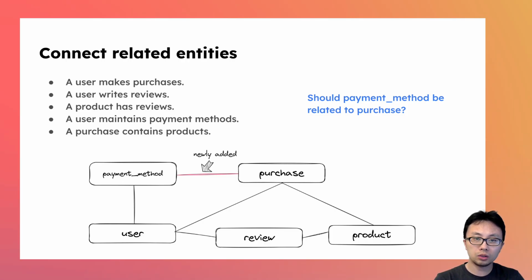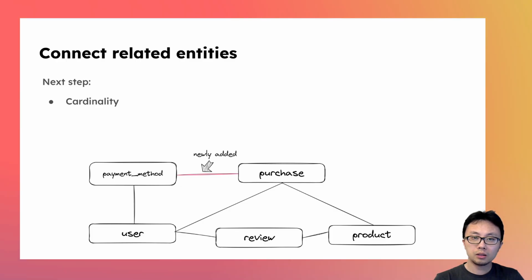This is how you start building relationships among entities. From here, the next step is to figure out the cardinality of each identified relationship. Cardinality describes the number of rows of one table that can be associated with a single row of another table. That's a big topic that we will cover in the next few videos.